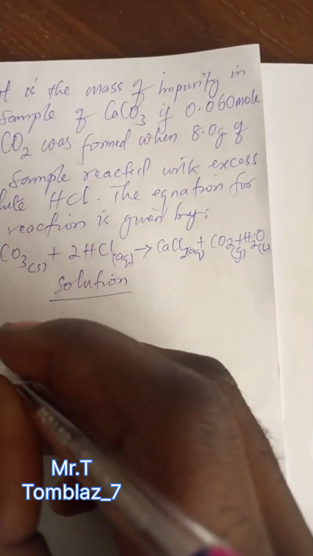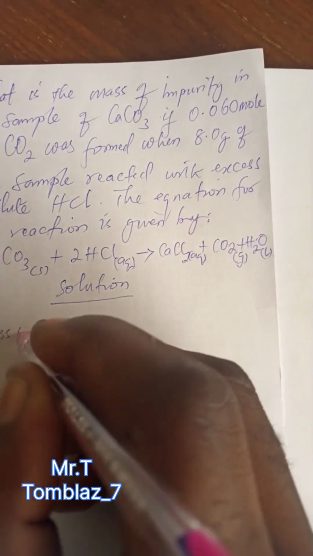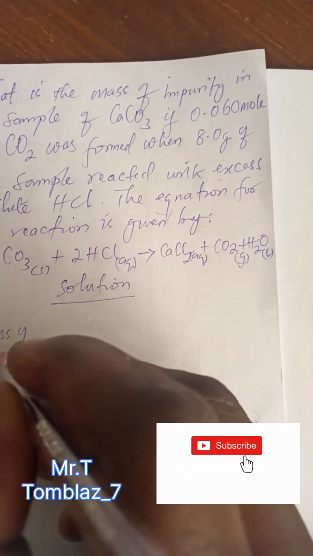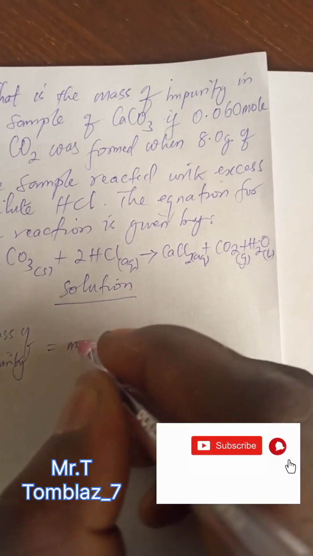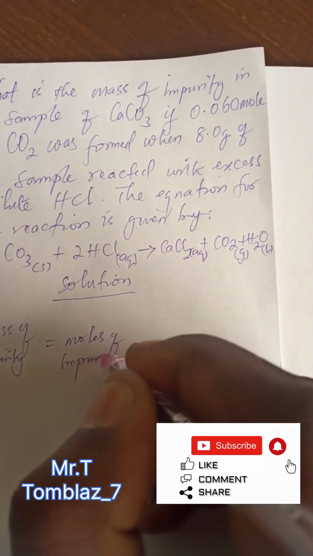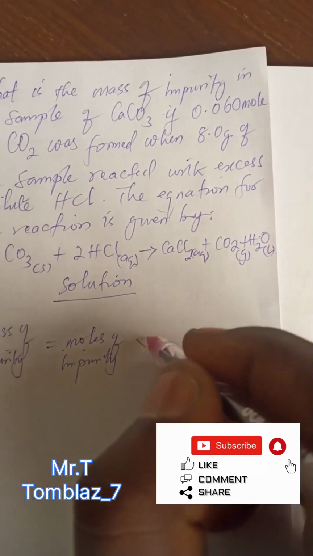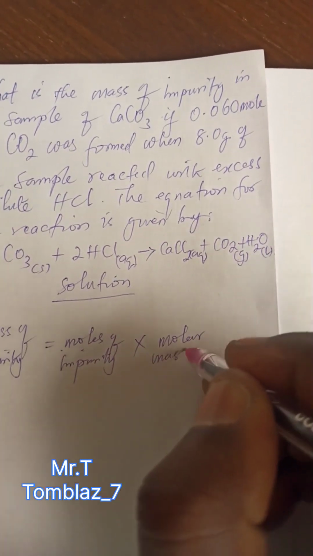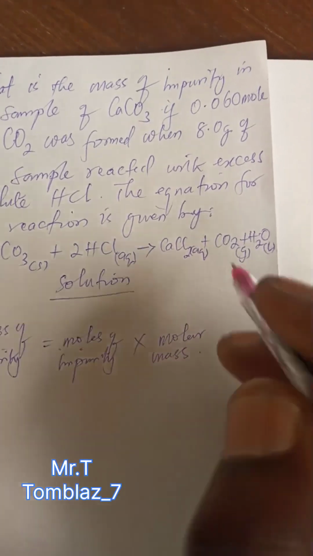Now we know that mass of impurity is equal to the moles of the impurity times molar mass, right? Of which sample?